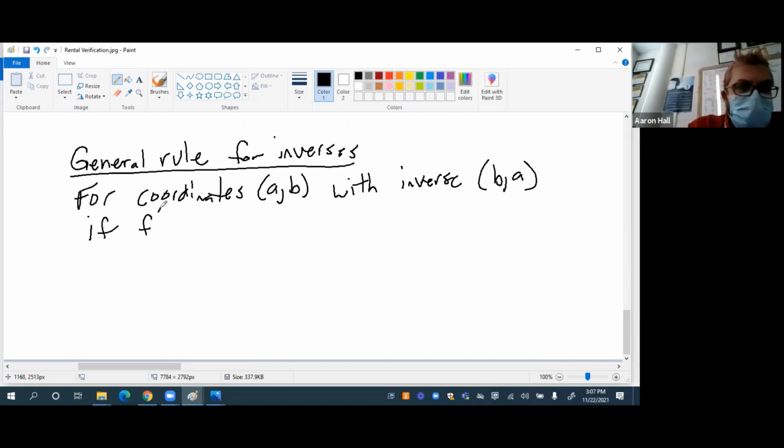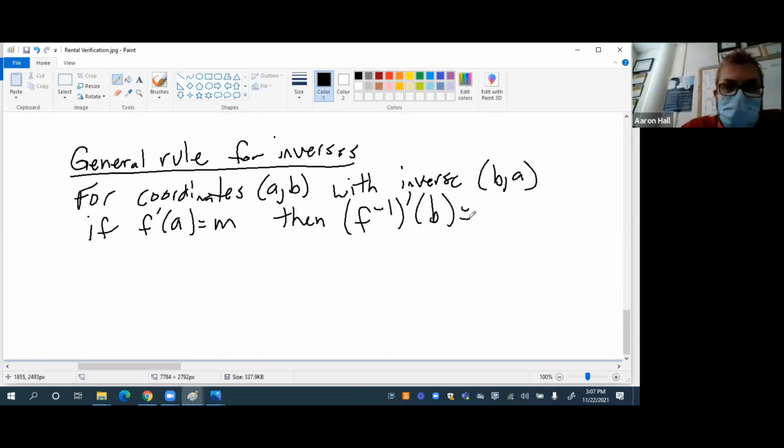If f prime of a equals m, that's my slope when x is a, then the derivative of the inverse at b equals 1 over m. You just get the reciprocal.